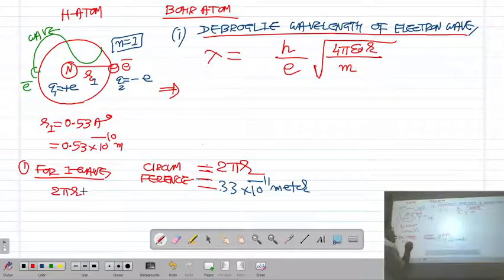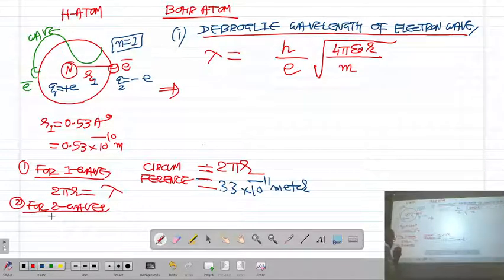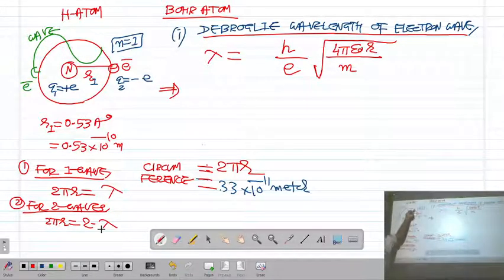So the circumference 2 pi r contains one wave, and what is the wavelength of one wave? That is lambda. Similarly for two waves, okay, you can write 2 pi r is equal to 2 lambda.